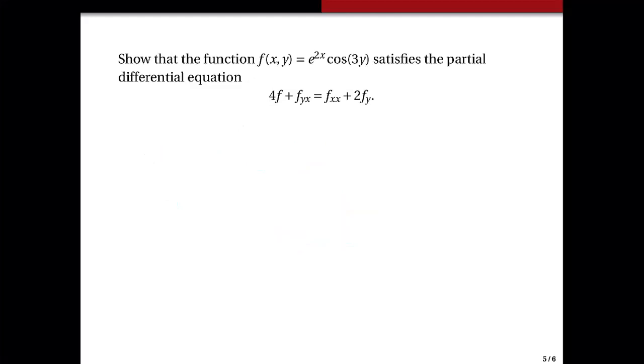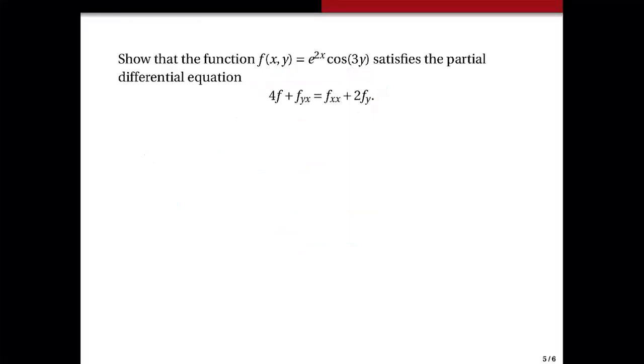For the final problem of our session for today, we have the function f of x, y equals e to the 2x cosine 3y. We want to show that this function satisfies this differential equation.